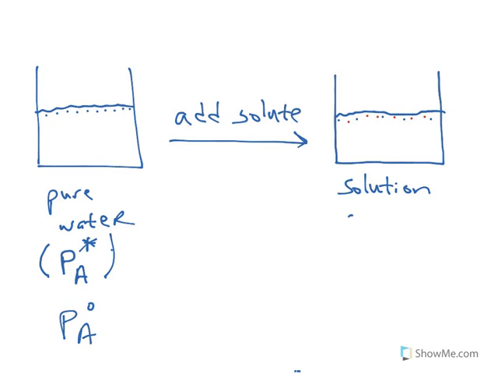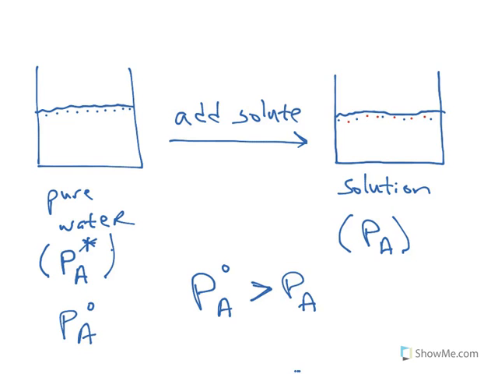So the solution is going to have a vapor pressure that we call PA. This is the partial pressure of A, or solution A, pardon me. So we have pure water and now a solution. And by definition, PA naught is going to be a greater number than PA.